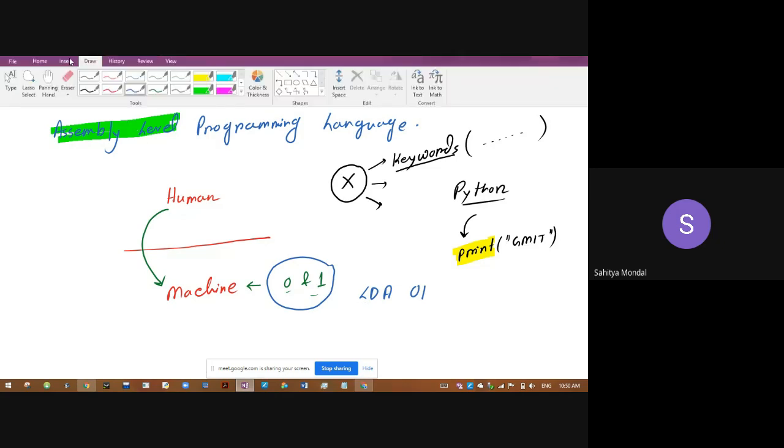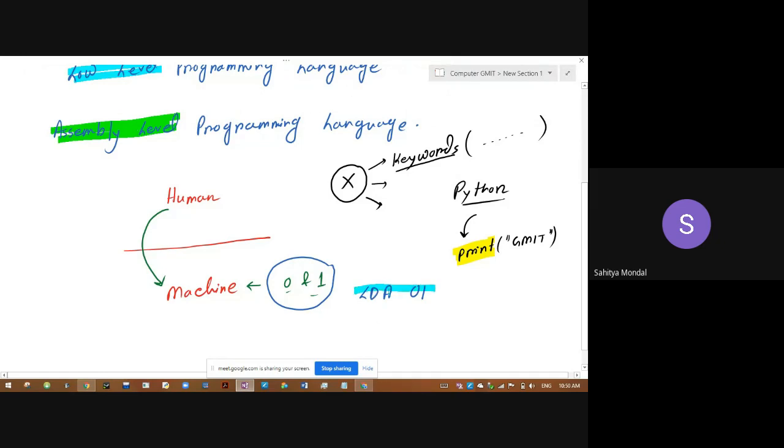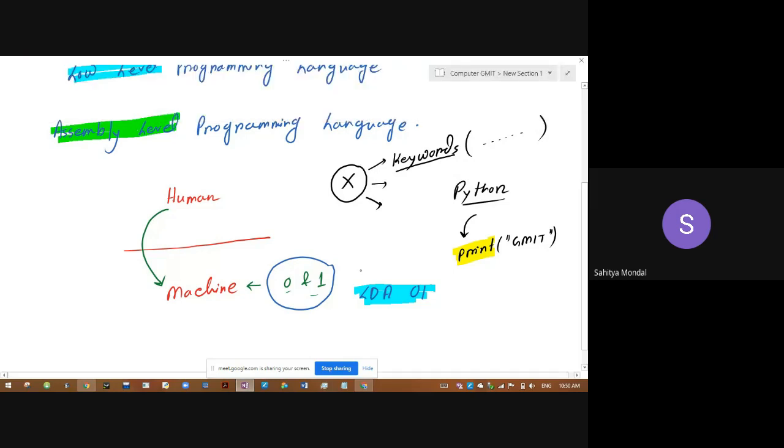It is barely understood by human beings, but it is understandable by the machine very easily. What is LDA? That is load accumulator. The accumulator is a special memory in the CPU. That will be more clear to you when we reach the third semester. So forget about that, this is an example.